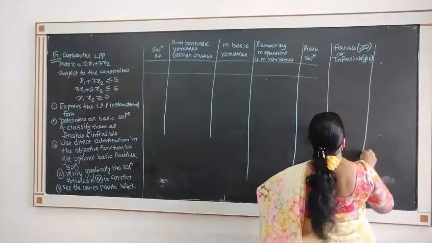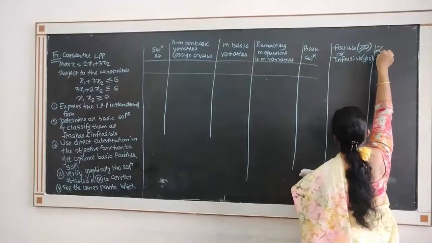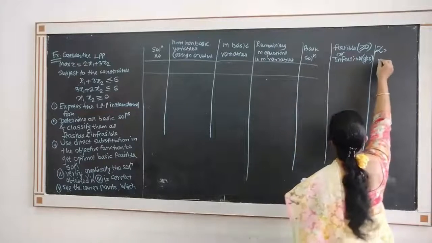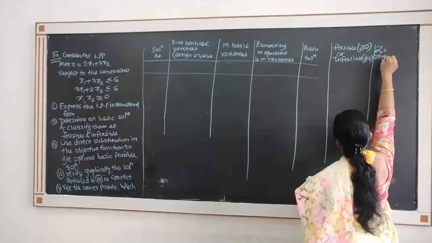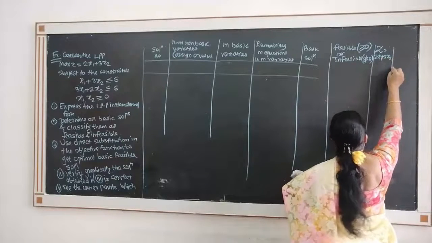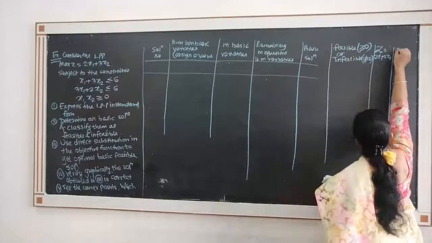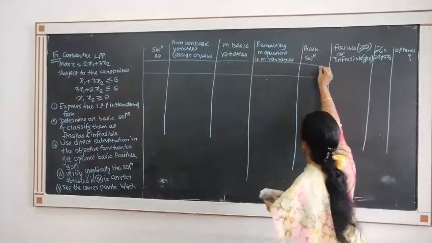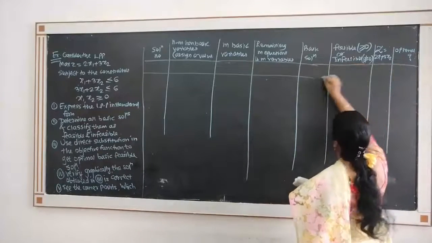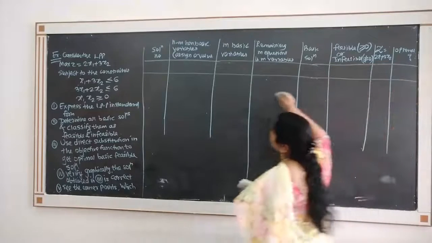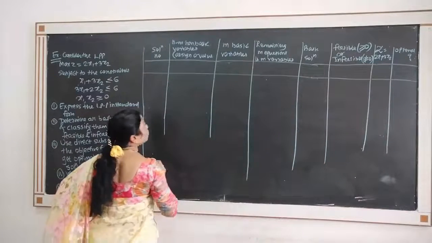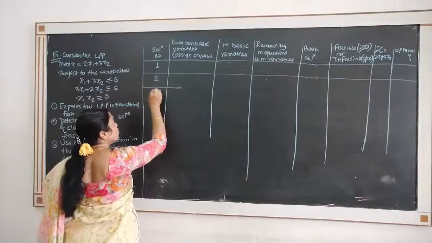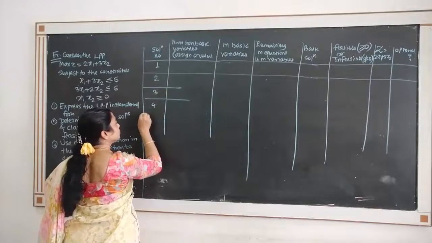Then find the value of z, which is nothing but 2x1 plus 3x2, and check whether it is optimal or not. So you are finding all these values. How many basic solutions are there? 4C2, that is, 6 solutions are possible.